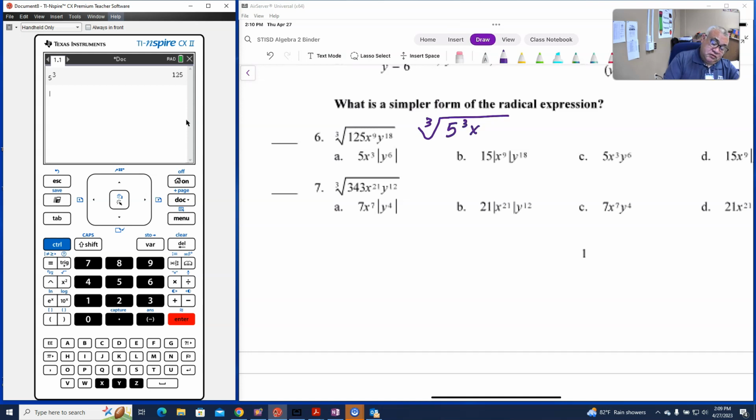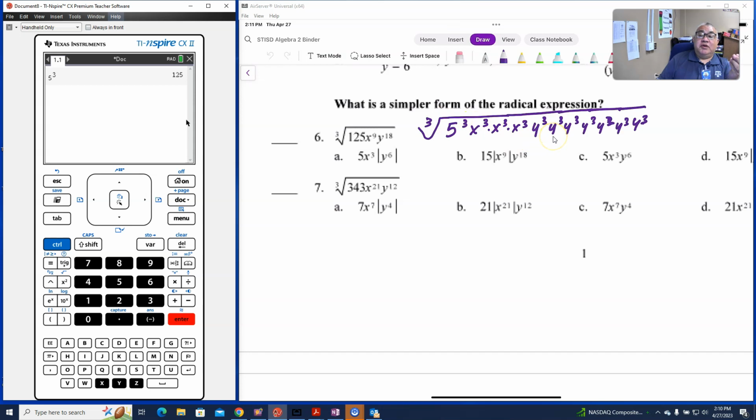We have x to the third power times x to the third power times x to the third power. 3 plus 3 plus 3 gives you 9. And we have y to the third power, and that's going to have to be 6 times. And that's just a way for you to understand that the power and the index are going to cancel.